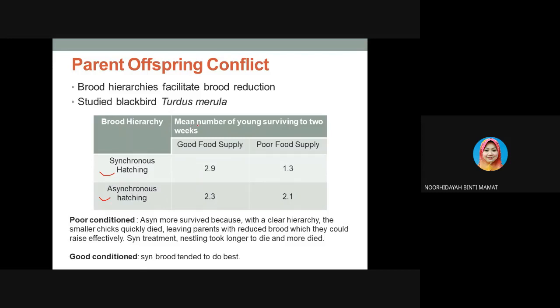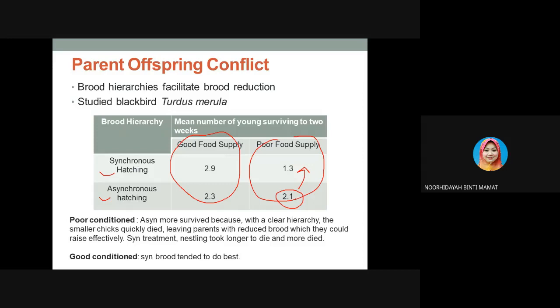This is the mean number of young surviving at 2 weeks, with the condition of good food supply, and with the condition of poor food supplies. In the poor condition, as you can see from here, more survive with asynchronous hatching compared to synchronous hatching when the food supply is poor.